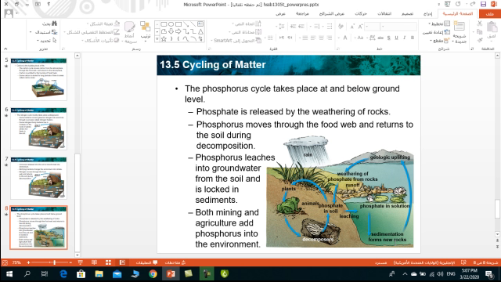Of course, mining and agricultural runoff also add to the overall amount of phosphorus in the environment, as the excessive flow of this phosphorus into an aquatic system from sewage and agricultural runoff can cause a significant problem.